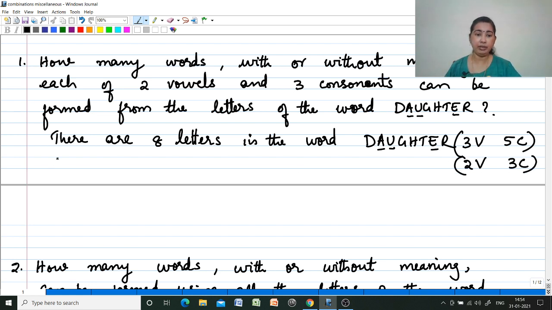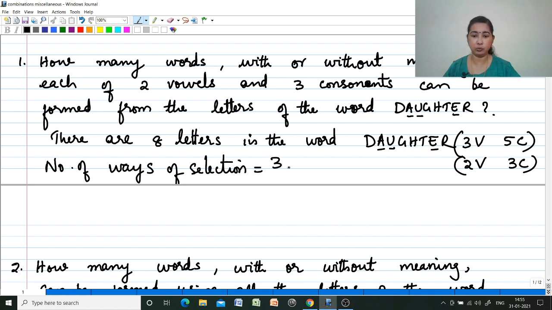How many ways of selection? The number of ways of selection is: from 3 vowels we can select 2, and from 5 consonants we can select 3. And after selecting, we have to arrange them. We have to form different words out of those 5 letters.